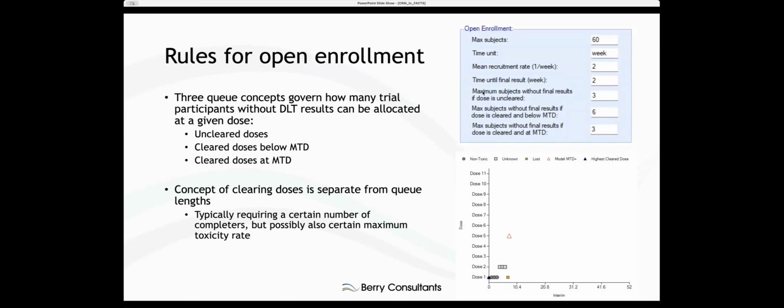In this particular case, maximum subjects without final results if dose is unclear is 3, if dose is cleared and below MTD it is 6, and if dose is cleared and at MTD it is also 3. And as I mentioned before, the concept of clearing a dose is separate from the queue lengths, in that typically we require a certain number of completers, but it could also be related to a certain maximum toxicity rate.